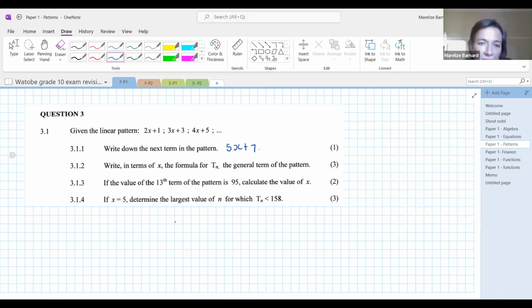Right, in terms of x, the formula for Tn, the general term of the pattern. Does anyone know how to do the general term of the pattern? Give it a go. And if you think you've got it, pop it in the chat.